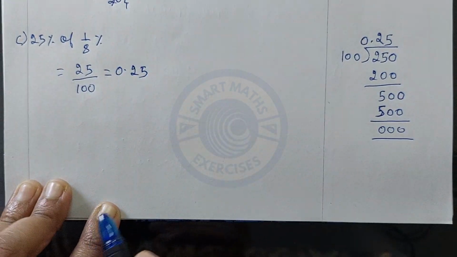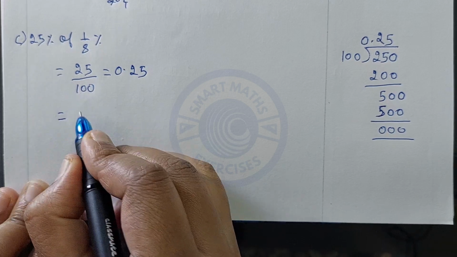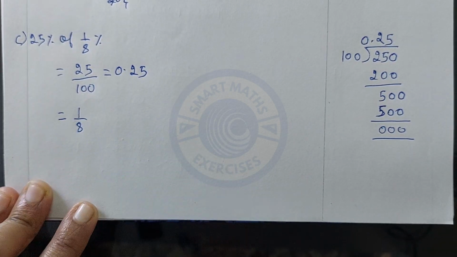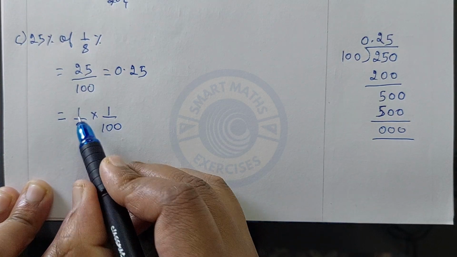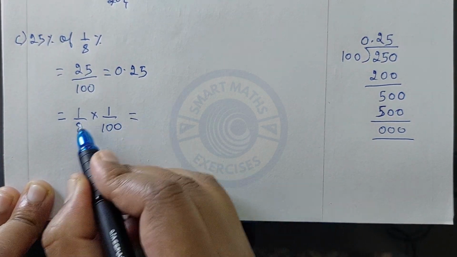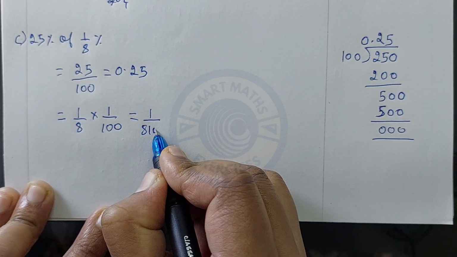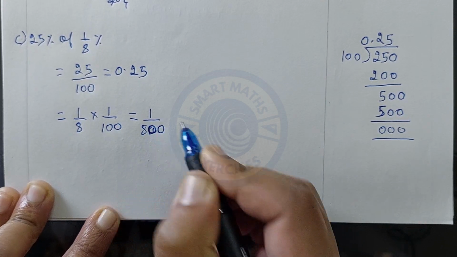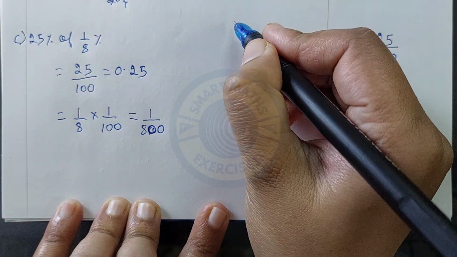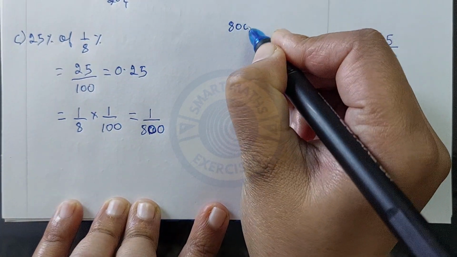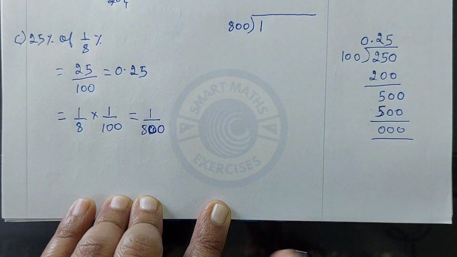0.25. Next, convert 1 by 8 to fraction. 1 by 8 into 1 by 100. Multiply, 1 ones are 1, 8 hundreds are 800. Now let's divide this. 800 outside and 1 inside.